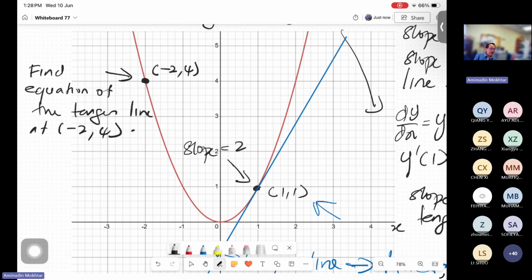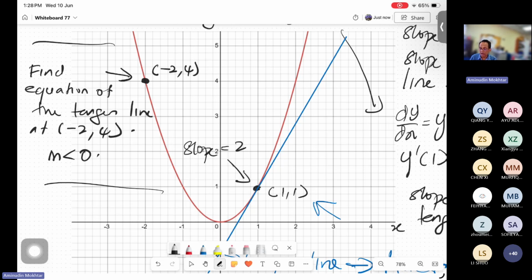That is your homework. You will get the answer. Make sure the slope is negative, because at that area, as you can see here, when the value of x increases, the value of y decreases.